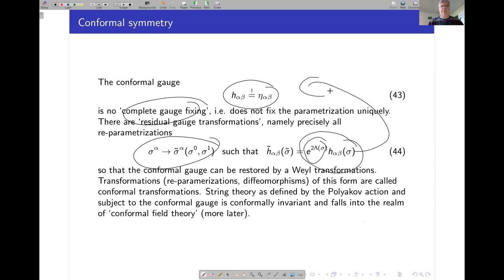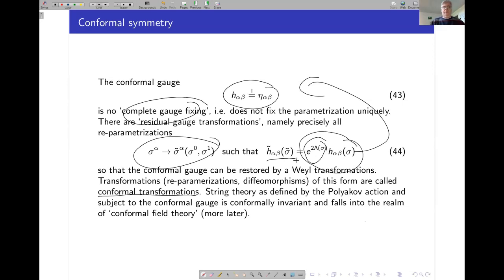That means that we retain a residual freedom to make reparametrizations which are so-called conformal transformations, meaning these are transformations which only change the expression for the metric by a conformal factor.